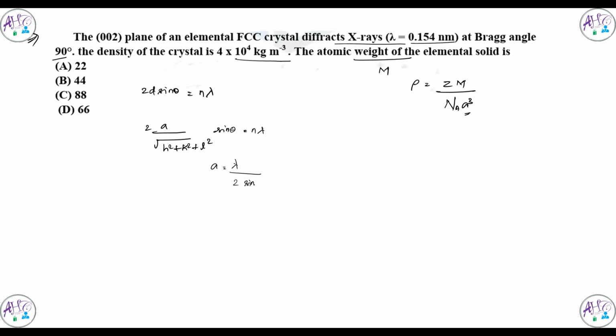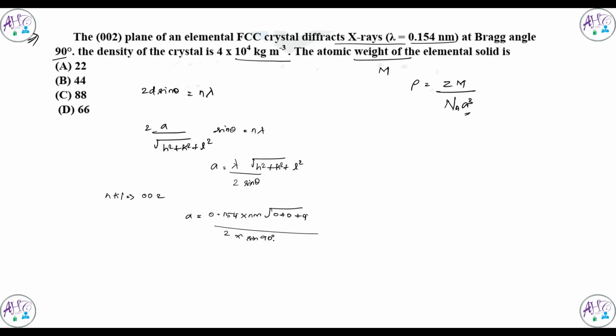So if you rewrite this equation, A is going to be equal to n lambda, so considering n as 1, it's going to be lambda by 2 sin theta into root of h square plus k square plus l square. Okay, so HKL value, they have given us the 002 plane. So your A is going to be equal to 0.154 nanometer into root of 0 plus 0 plus 4 divided by 2 into sin 90 degree.